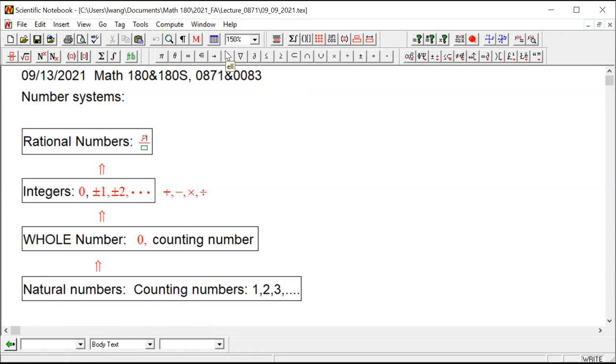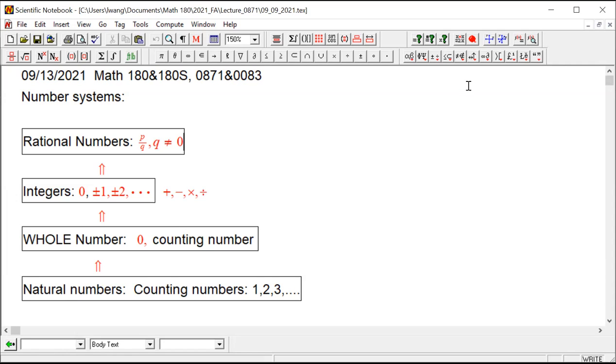A rational number is defined as one integer divided by another integer, provided the denominator cannot be 0. That's how a rational number is made. Rational numbers also have another name, fractions. So fractions are rational numbers, and rational numbers are fractions. People just like to call them by that name.